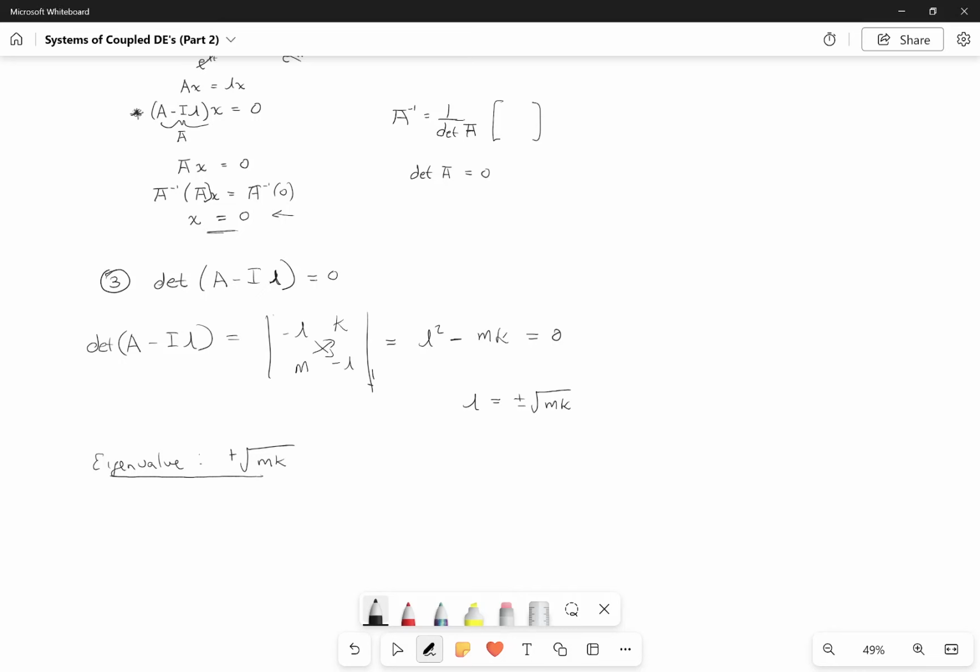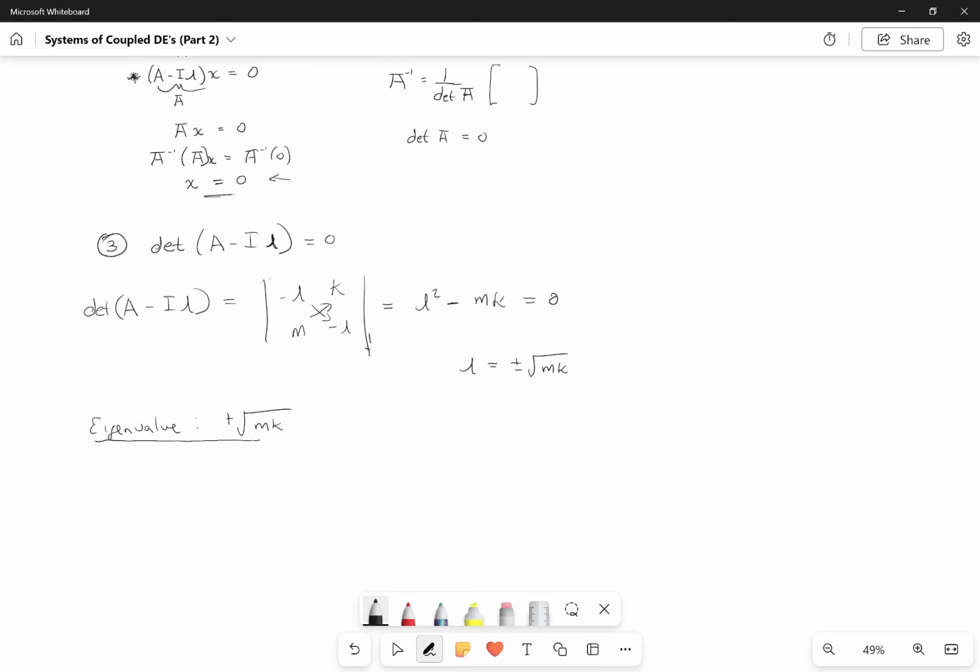So what is the corresponding eigenvector? Well, we're going to sub in. So A minus I lambda times x becomes what? What does that look like? And it has to equal 0.